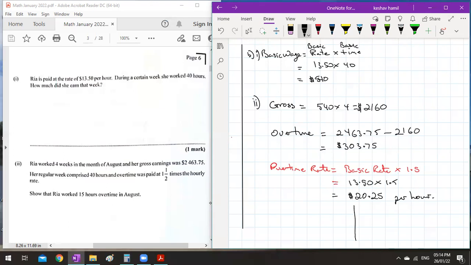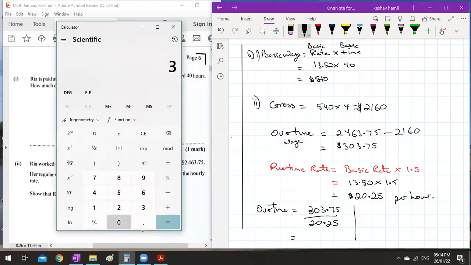The overtime wage, which is $303.75 over $20.25. 303.75 by 20.25, 15 hours.